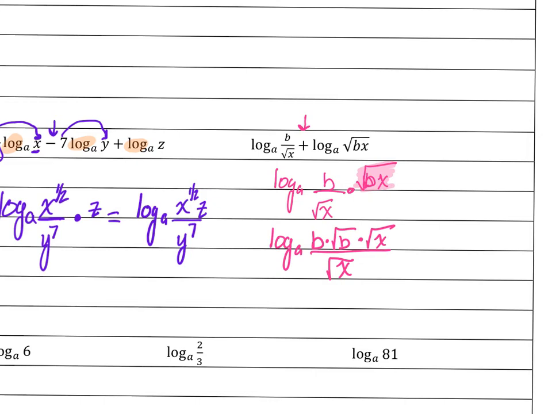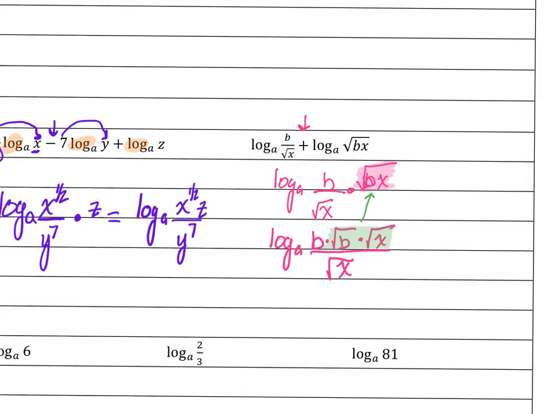So what happens there? Okay, before everyone freaks out, let me go back to here, because I can already see you guys going, what? So this part right here, I just factored. Is it okay that I factored it that way? I factored it from here. Is the square root of b times the square root of x equal to the square root of bx? Yes.